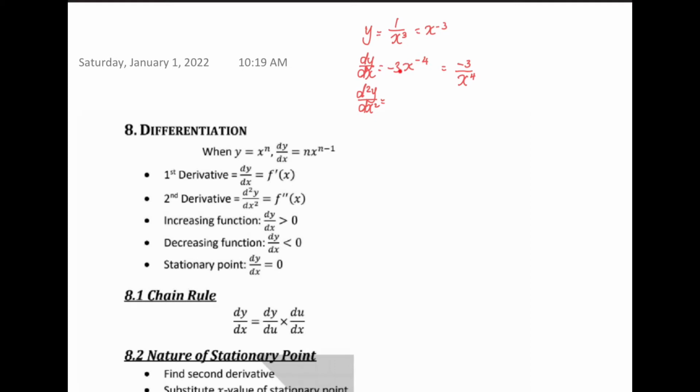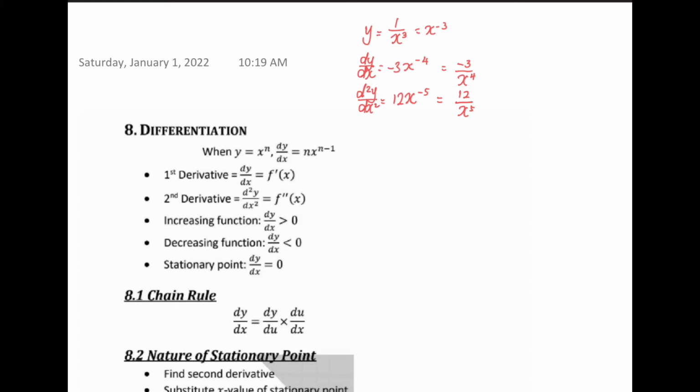Negative 3 multiplied by negative 4, so we get positive 12. Then the x will take power of negative 4 minus 1, which is negative 5. Again, since x has negative power, we can bring it to the bottom to take x to the power of 5. So we get 12 over x to the power of 5.